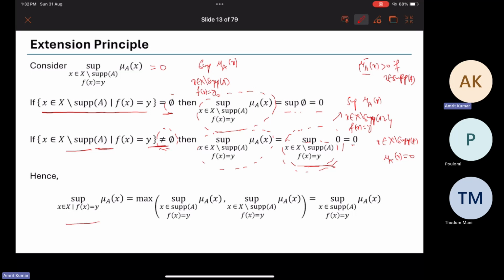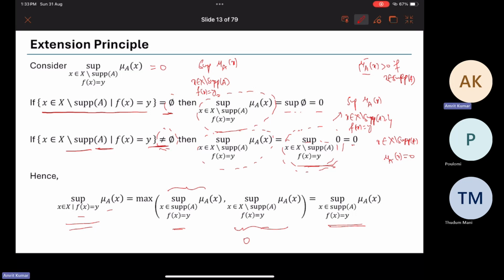And therefore, this supremum that we were interested in, the supremum of mu A of x over all x such that f of x equals y, which we decomposed as the maximum of these two supremums, since this is zero, we have the maximum of this comma zero, and therefore you are left with this.